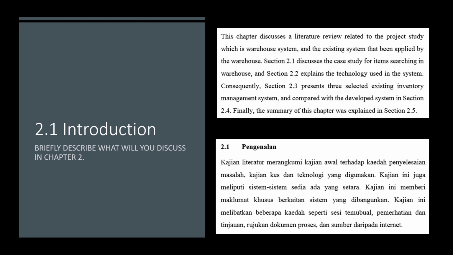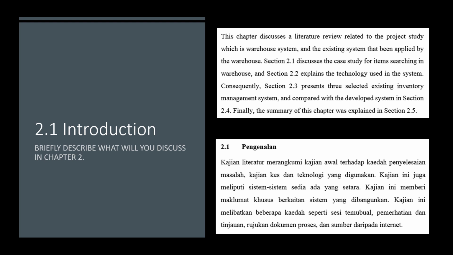For example, the student writes in this way: this chapter discusses a literature review related to the project study, which is a warehouse system, like this. Okay, and then you may explain the rest of the subtopics that are discussed in this section.